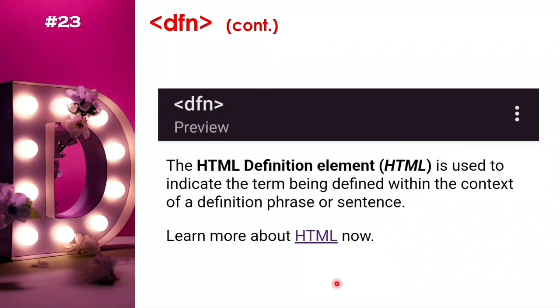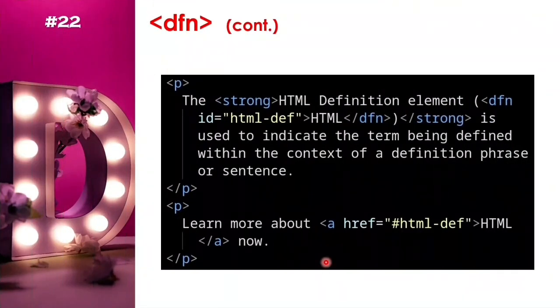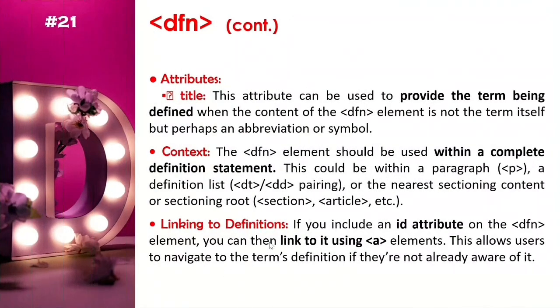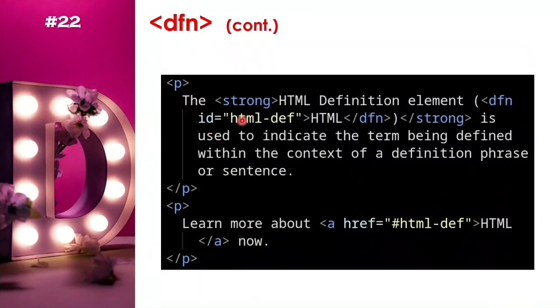And then the browser or search engine coming here can take the whole paragraph, or the collection of lines, and that can serve as the definition for the term. We can also link to it, as it's said here. We can give it an ID attribute and then link to it using a elements. That's what I messed up here, actually. You should have both an ID and a title.